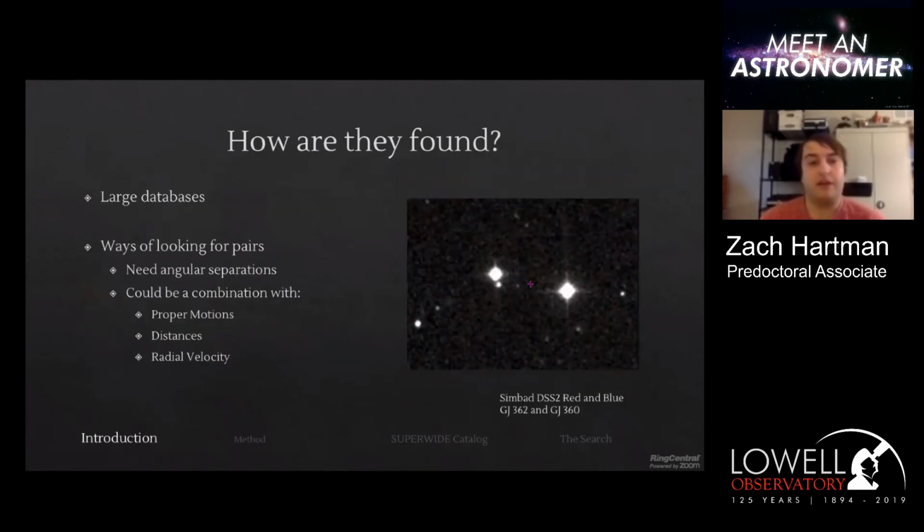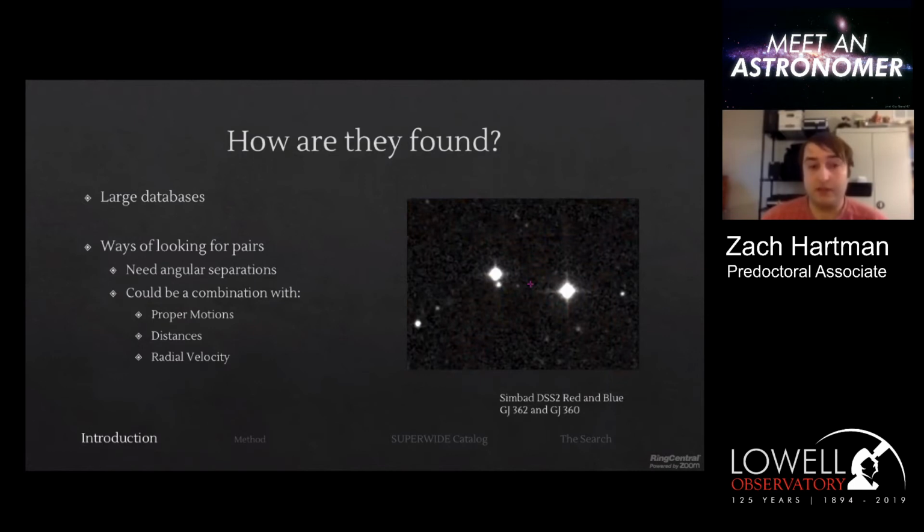So how are they found? We use large databases. This is a very statistical area of astronomy where we need large databases in order to characterize chance alignments. Chance alignments are basically pairs that appear on the sky to be close to a star, but they are not a wide binary.